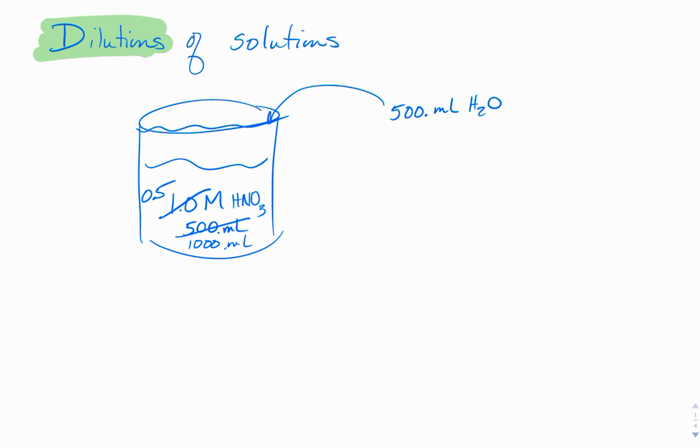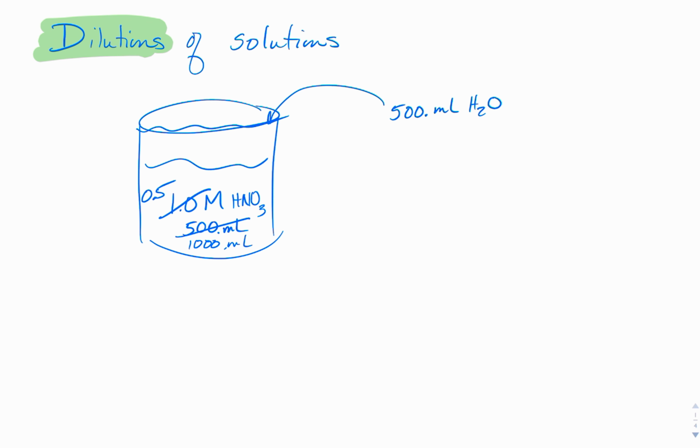To calculate this, we would start with our formula, C1V1 equals C2V2, and we assign numbers to these variables. These two are of our original solution, so we will call those C1 and V1. The concentration is 0.250 molar, that's C1.